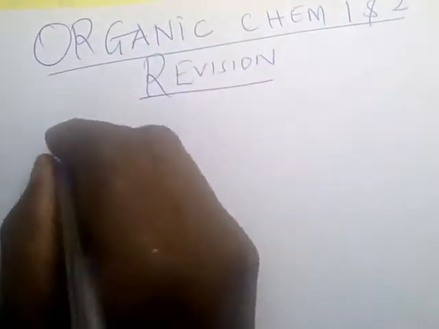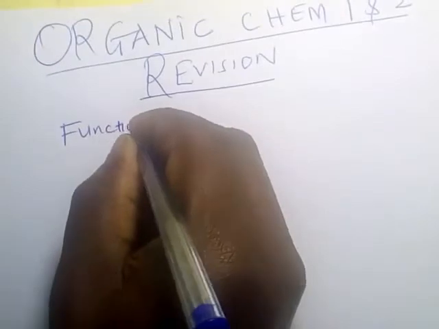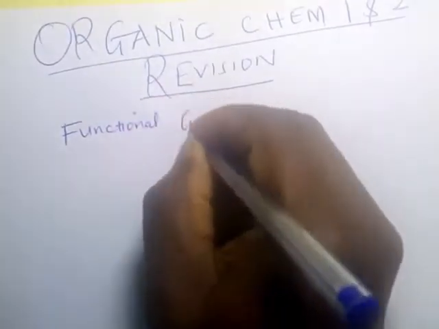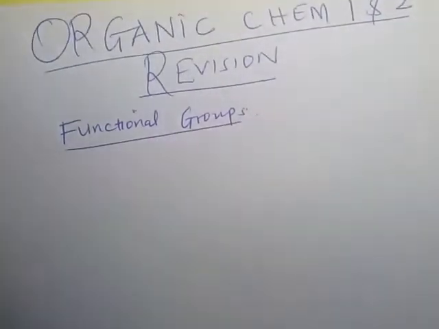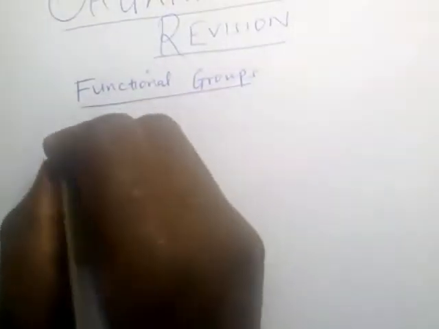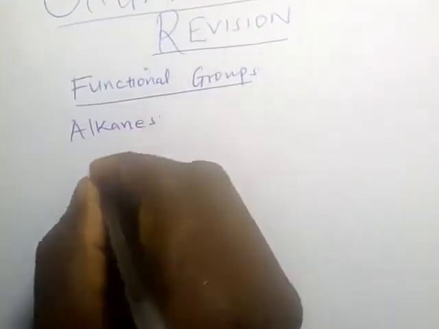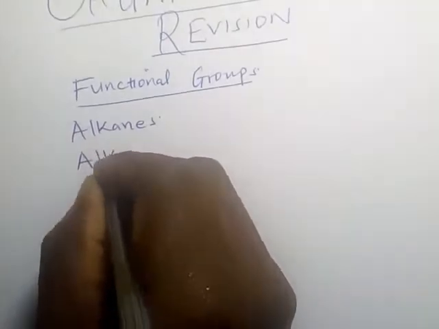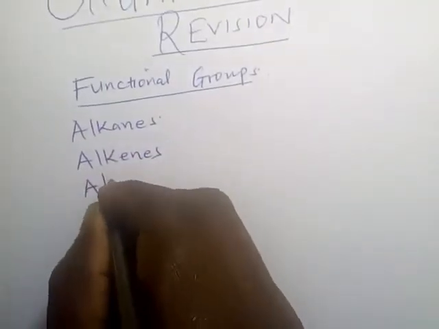In organic chem, you need to understand the functional groups. So from organic 1, we studied what we call alkanes, the alkenes, and then alkynes.